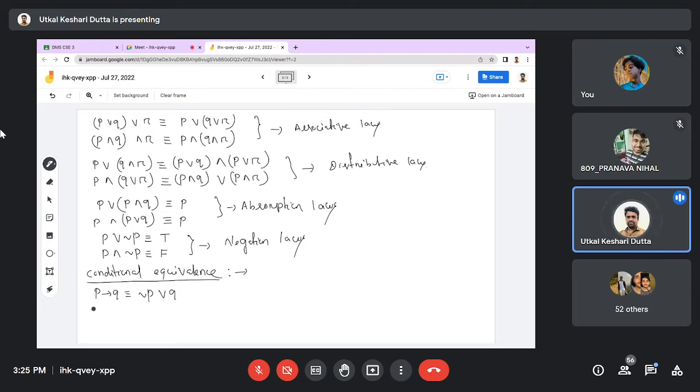Okay. Then same, P conditional Q is equivalent to what? From the standard definition, it is equivalent to its contrapositive. What is the contrapositive?